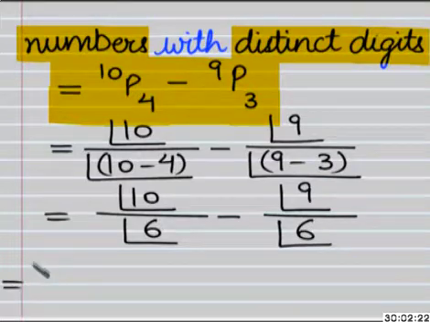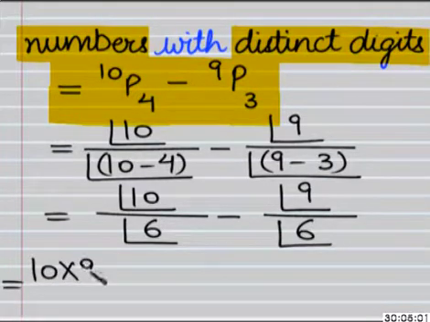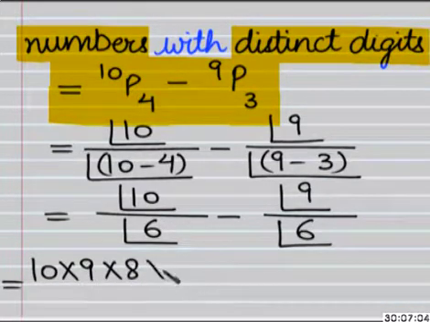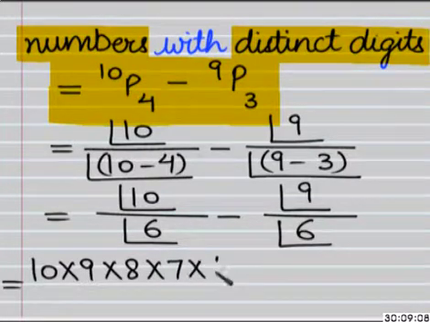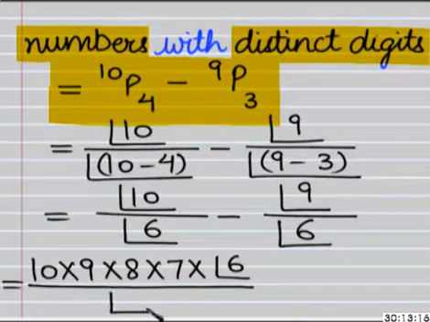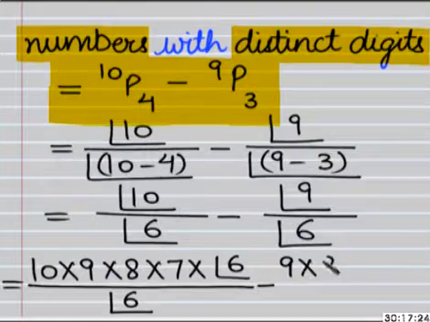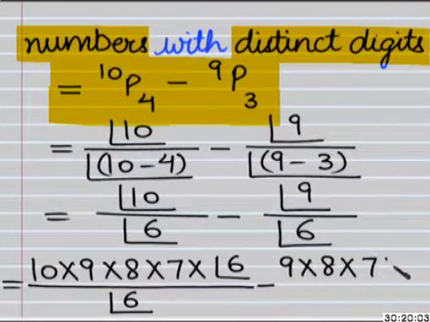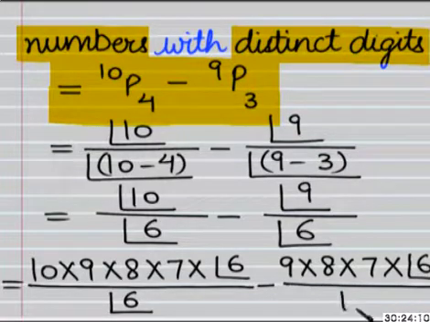This will be equal to 10 into 9 into 8 into 7 into 6 factorial whole divided by 6 factorial minus 9 into 8 into 7 into 6 factorial whole divided by 6 factorial.